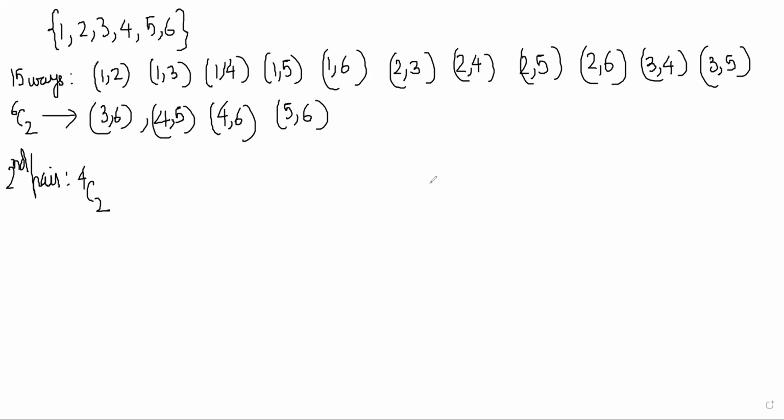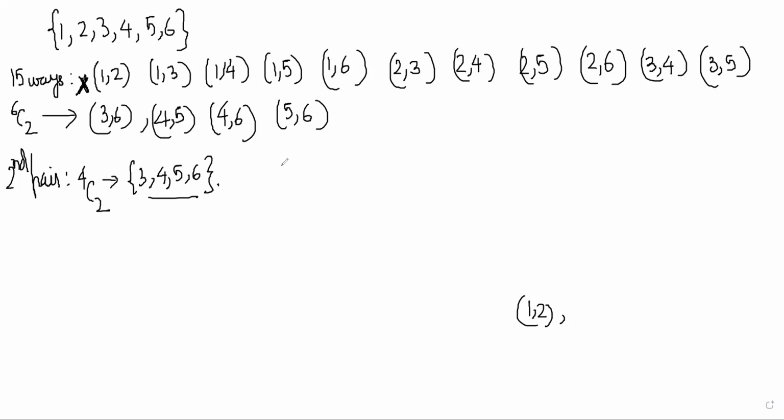Let's say my selection currently is 1 2 as the first pair. After that, what is left for us? 3 4 5 6, right? Makes sense, no?